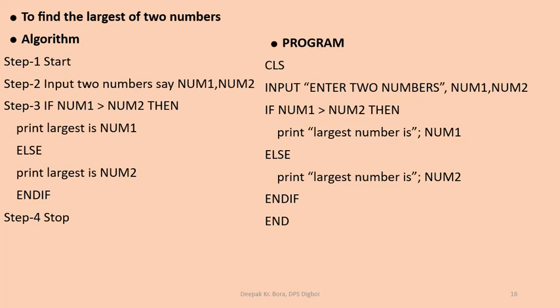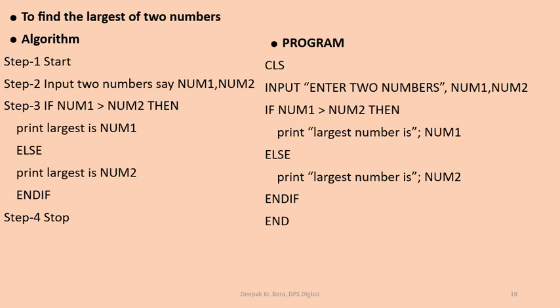Here we are taking the two variables num1 and num2. In this we are checking with the if condition. If num1 is greater than num2, then here this is a relational operator and it is going to give me one of two values, either true or false.